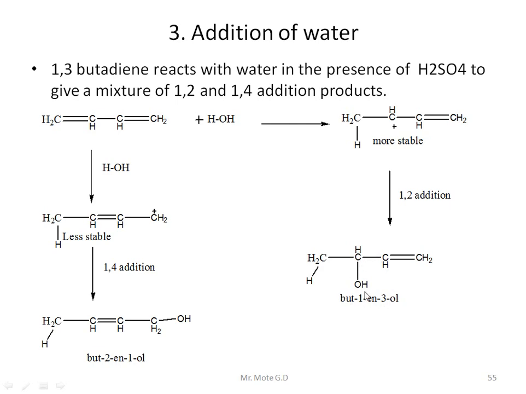It is a less likely product. If you are treating with H2O, H goes to there and the positive charge is at the primary, which is less stable. Addition of OH to form butenol, it is a good product.